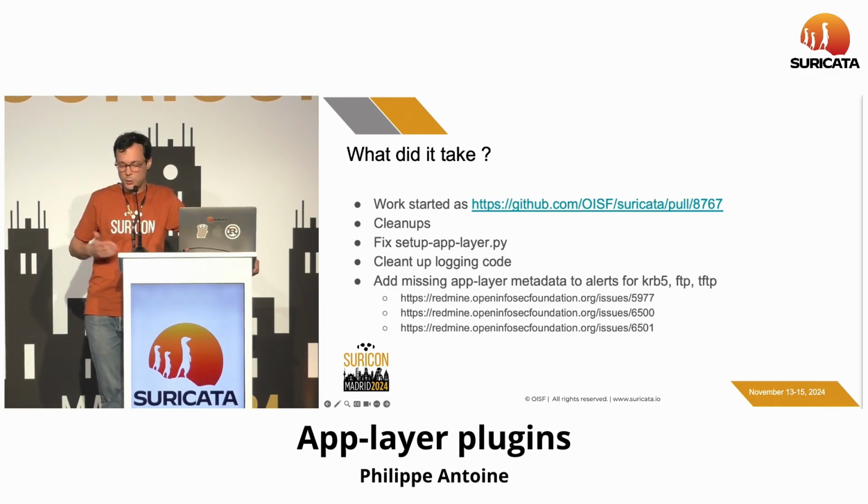By making things more generic, we realized that not all protocols were adding their app layer metadata for alerts. And by the way, DHCP is still missing because it's using some configuration in a weird way. I did not dig too much into that, but it's still to be fixed.